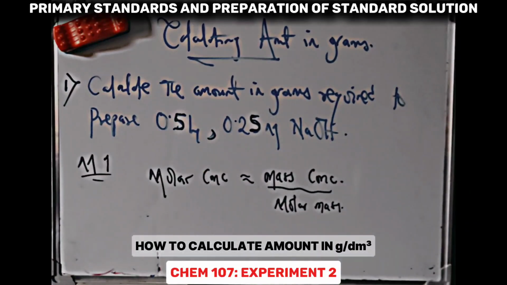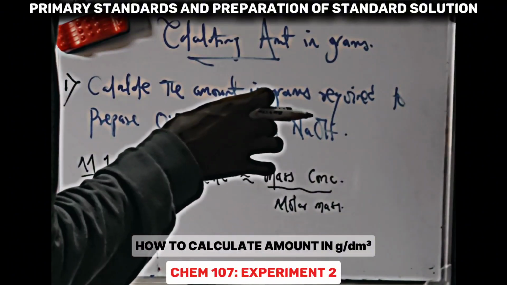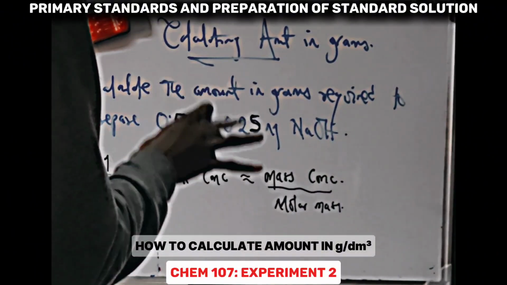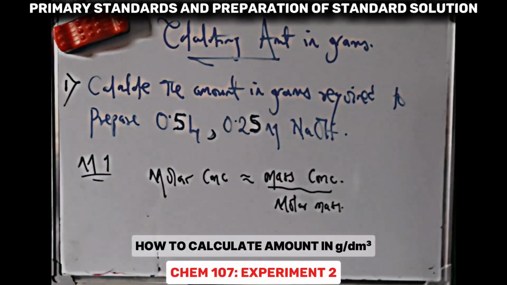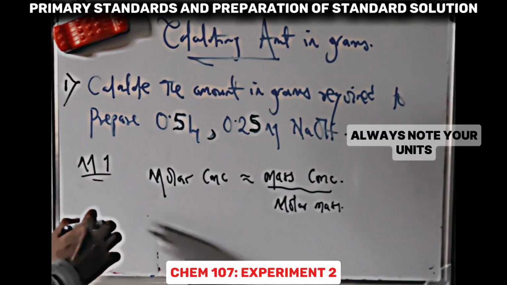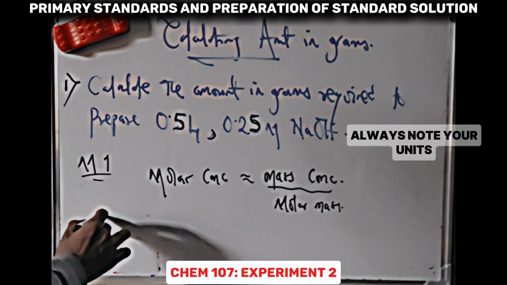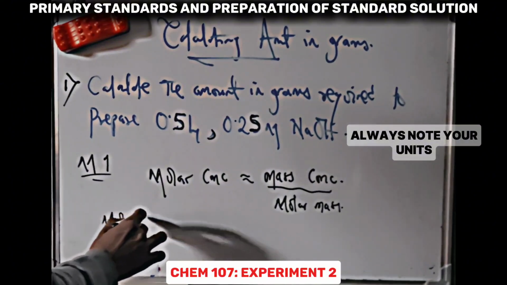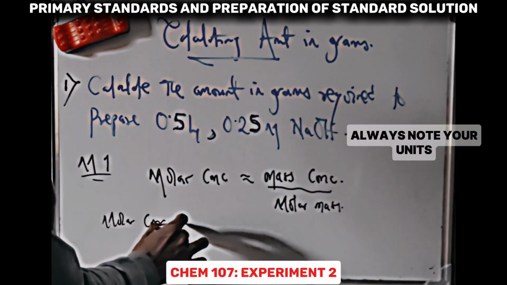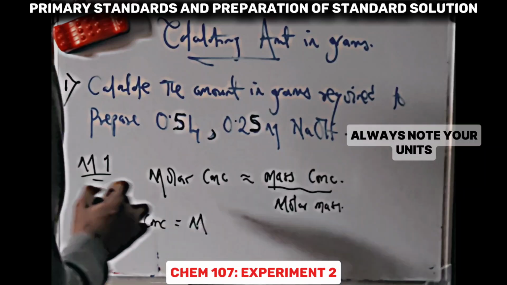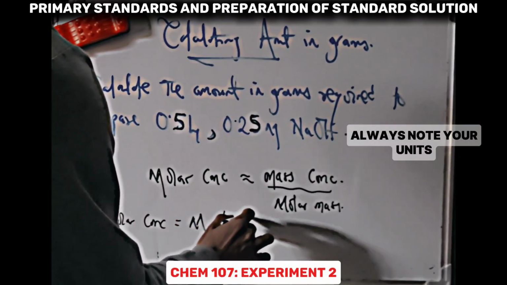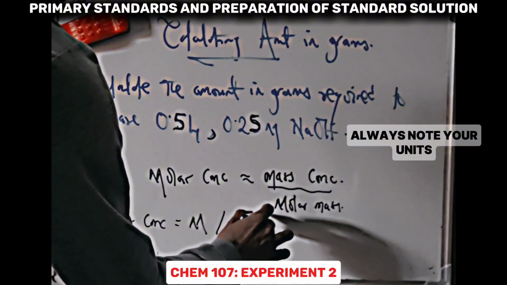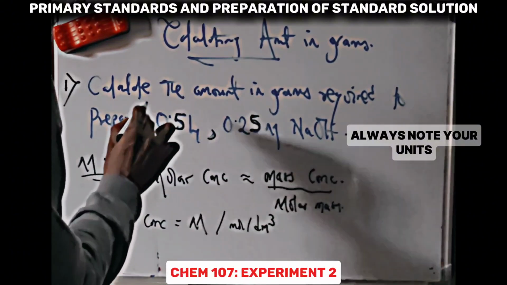Can you see that? What you're supposed to know is about the units. Let me interpret the units for you. Molar concentration has its unit as capital letter M or mole per dm cube. That is what molar concentration means.